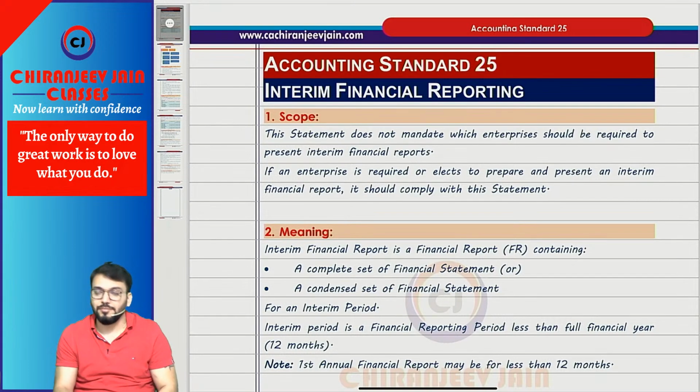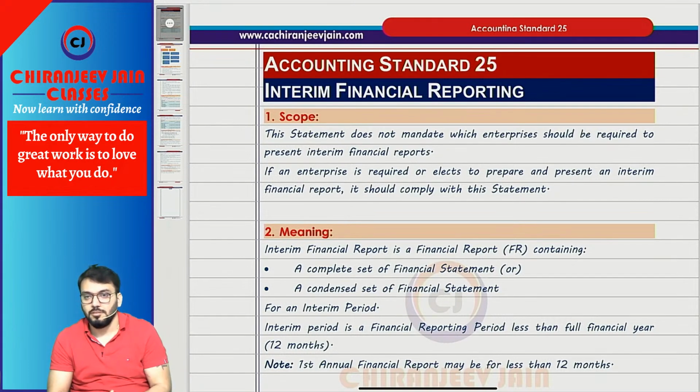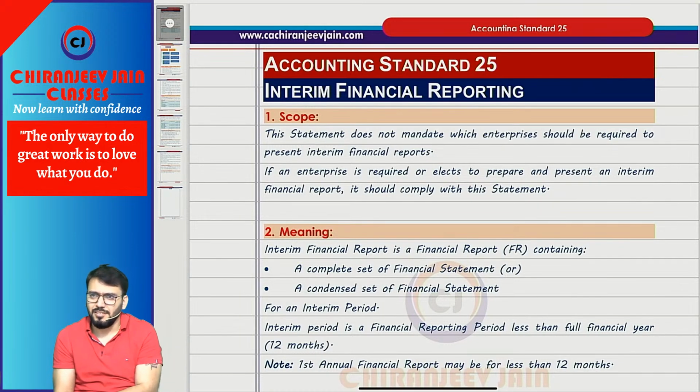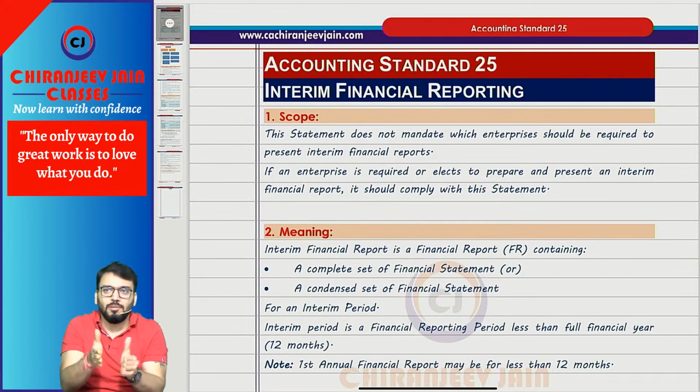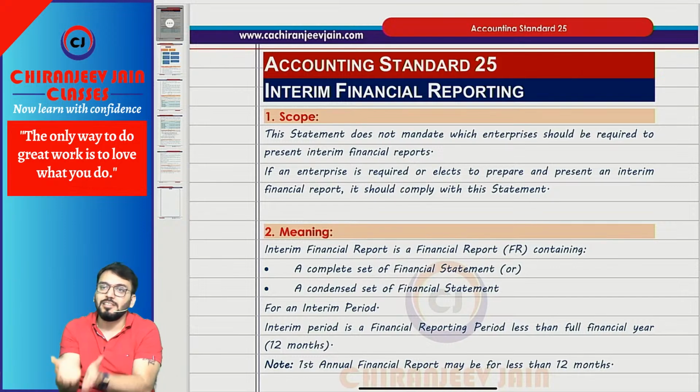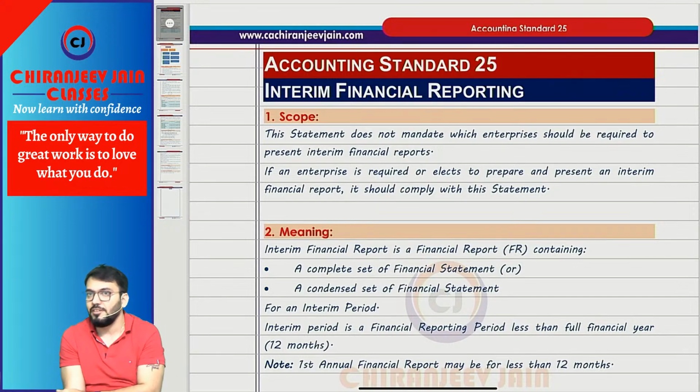Interim financial reporting. Interim is what? Interim period means what? Less than 12 months. So if you are preparing any financial statement for less than 12 months, it becomes interim financial statement. And when you report, it becomes interim financial report. Understood?